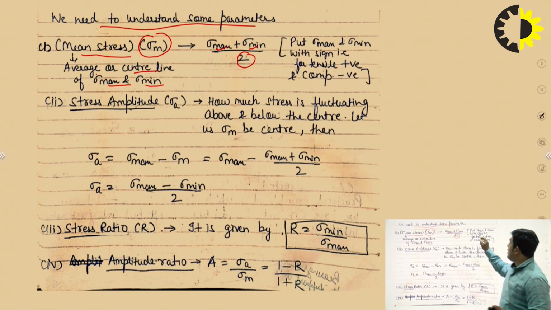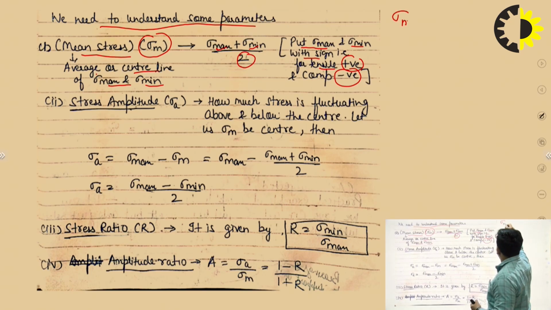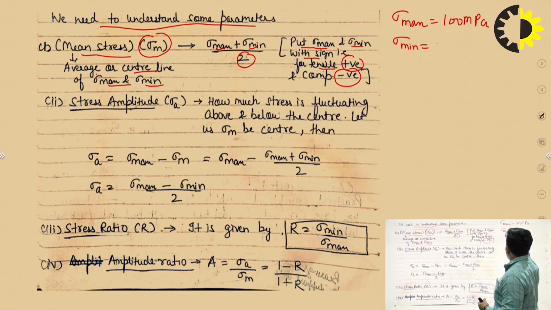Keep this in mind, students, that whenever you put in the values of sigma max and sigma min, you have to put them with sign: a positive sign for tensile, and a negative sign means the stress is compressive. Suppose sigma max equals 100 megapascal and sigma min equals minus 50 megapascal.